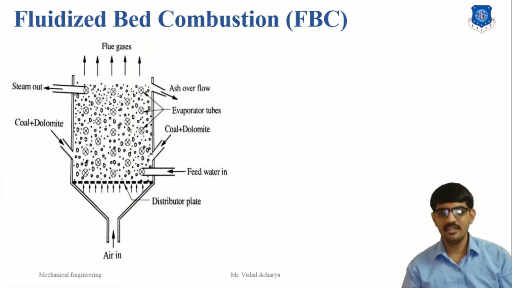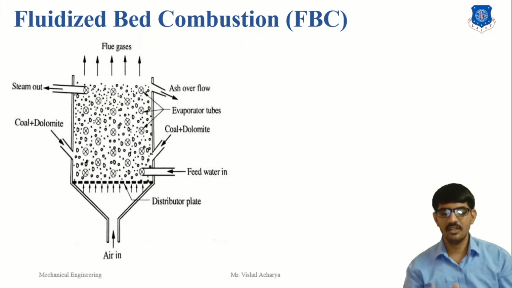The fuel and the inert material, dolomite, are fed on a distribution plate, and air is supplied from the bottom of the distributing plate. The air is supplied at high velocity so that the solid feed material remains in a suspension condition during the burning. The heat produced is used to heat water flowing through the tube and convert water into steam.